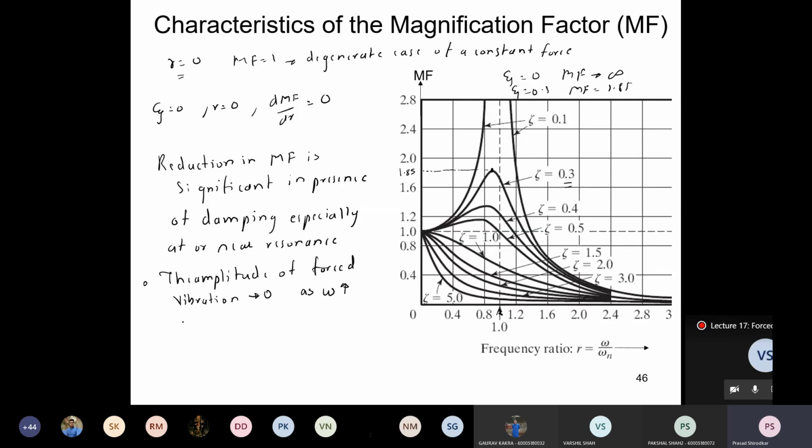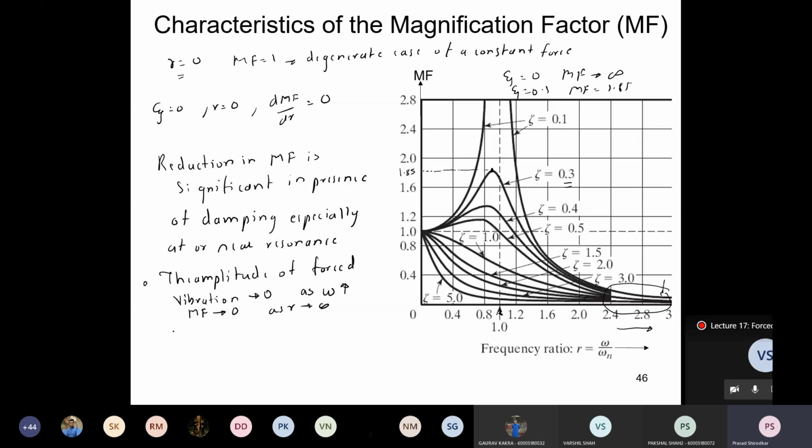In other words, the magnification factor tends to 0 as r tends to infinity. You can see this in this region of the graph. As r tends to infinity, the magnification factor tends to 0, so in this portion of the graph the magnification factor is very low.